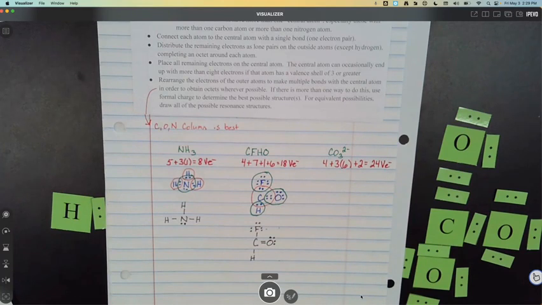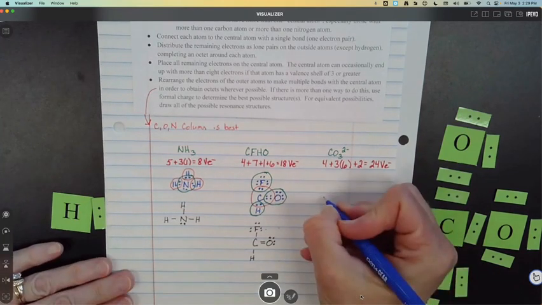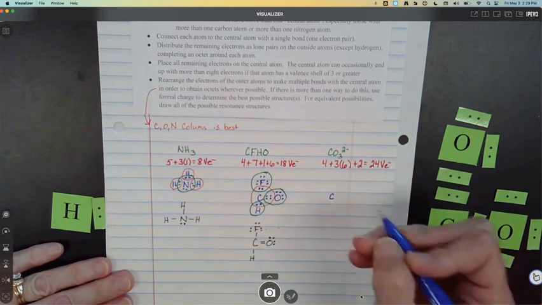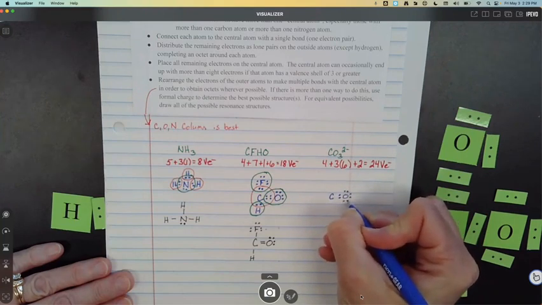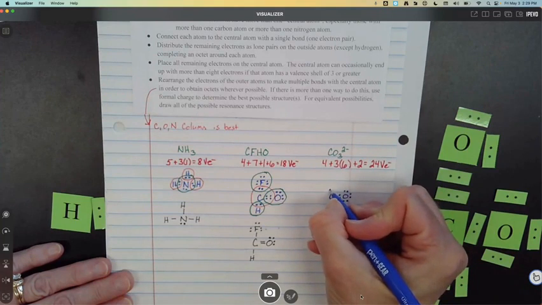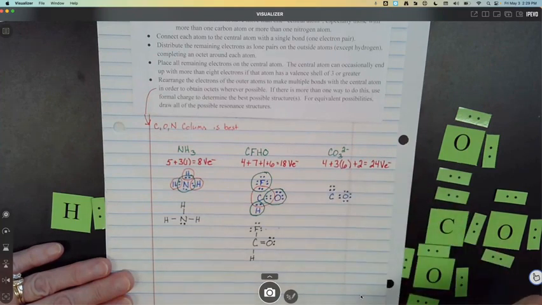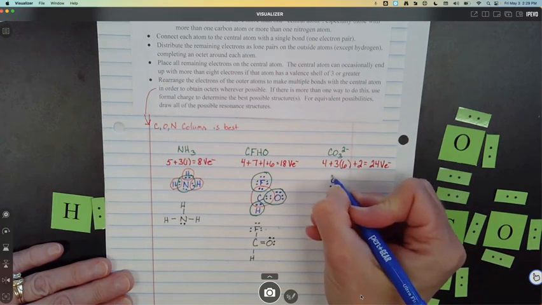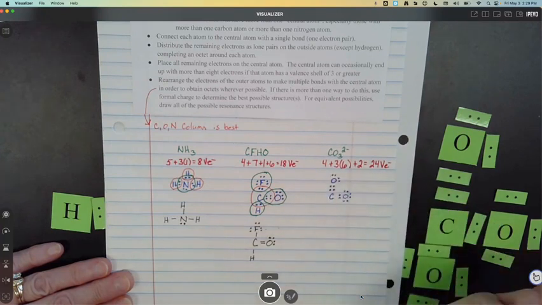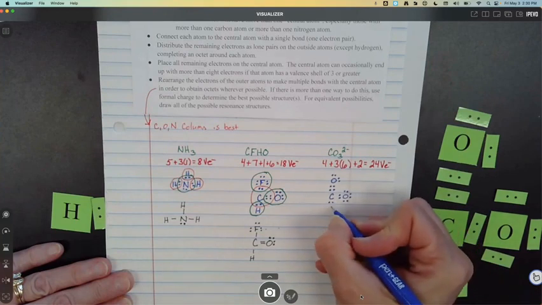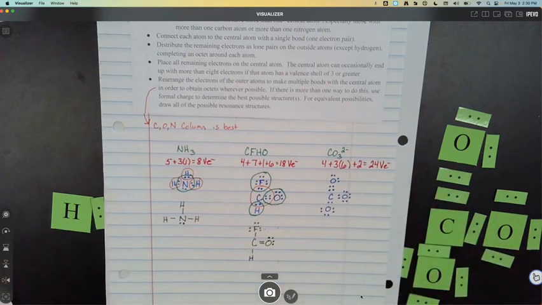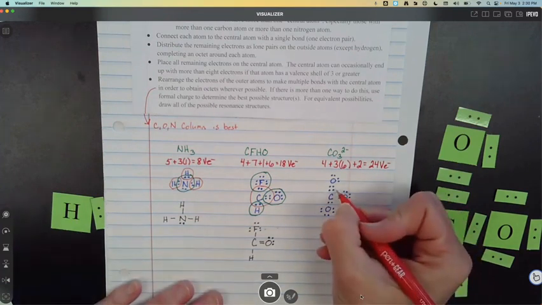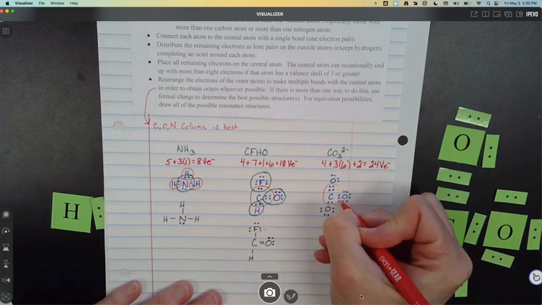And my carbonate ion, I've got a carbon in the middle. Bonded to an oxygen. In this case, we put 4 electrons between the carbon and the oxygen. And then down here, and here's 8 electrons for the carbon.